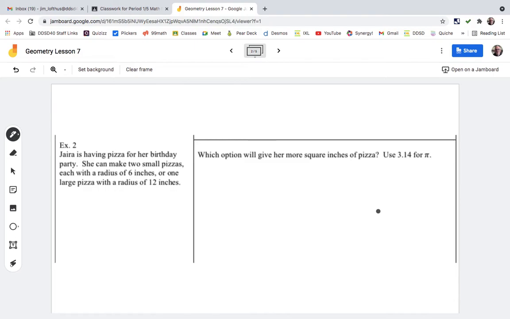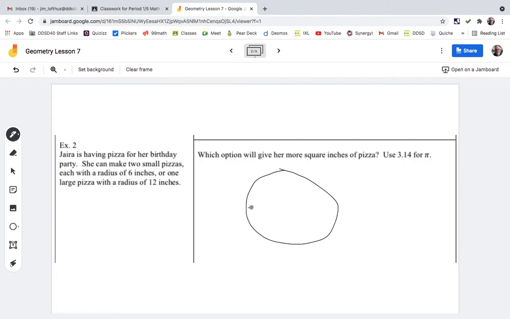Okay, so Jaira is having a pizza for her birthday. She can make 2 small pizzas, each with a radius of 6, or 1 large pizza with a radius of 12. So I'm going to actually draw a picture to solve this one. We're not going to do any computations at all. If you did computations, that's fine. But I'm going to do this.